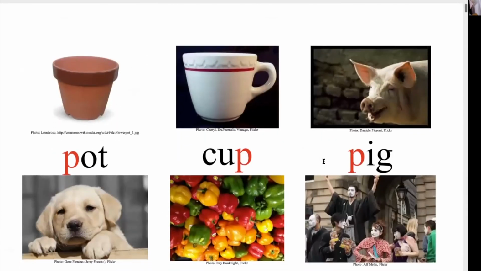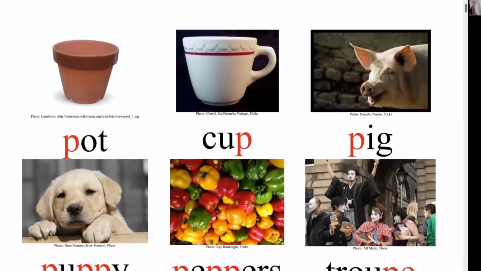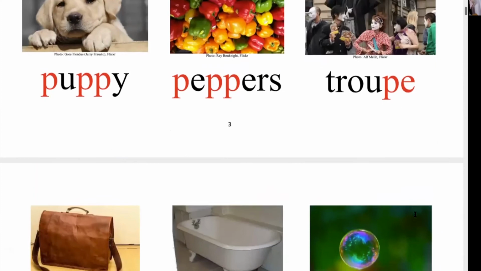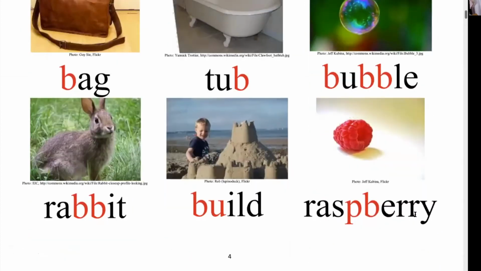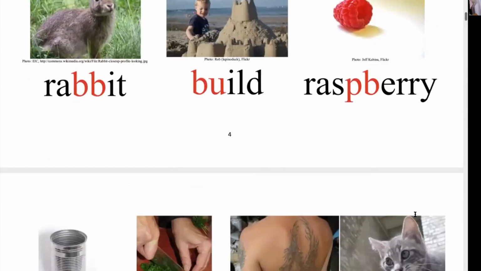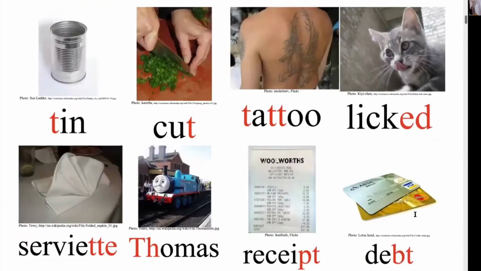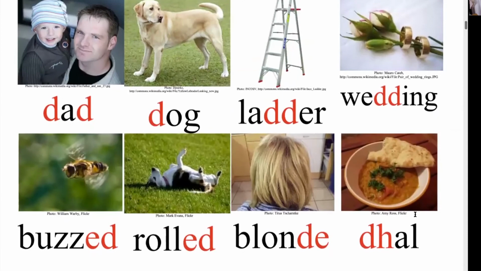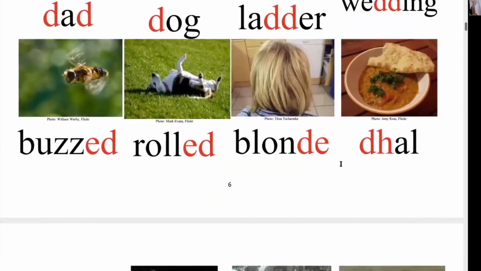So here she's gone through and shown that pot, which is our p phoneme, could be written as a P, could be written as double P, PE, troop, bag with the B. And she's actually gone through and looked at all the different spellings. So I think you'll find this to be a really great resource now. And I'll leave you to go through and have a look at that one.